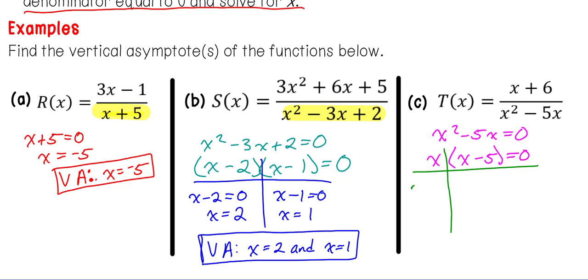On this side x equals 0, and on this side x minus 5 equals 0 gives us x equals 5. So our vertical asymptotes, and there are two of them again, are at x equals 0 and x equals 5.